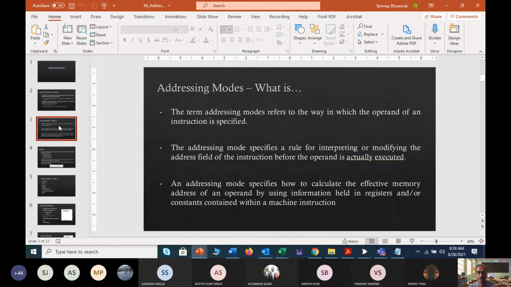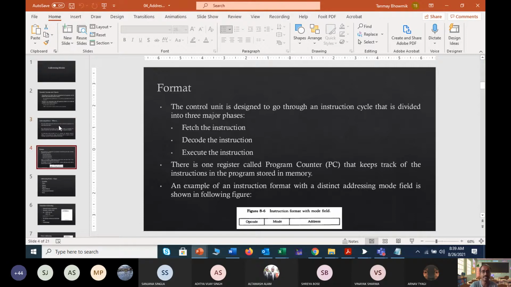Just like this. Addressing mode also specifies this. And the next thing is the format: opcode, mode and address. This has already been discussed. The only extra thing you will observe here is the mode in the diagram. This has been taken from Morris Mano.